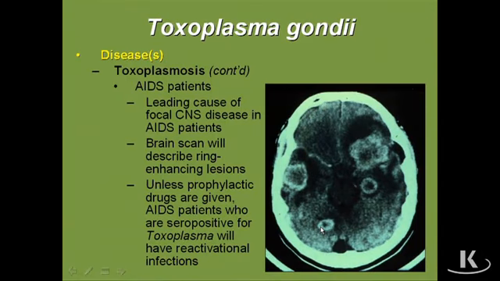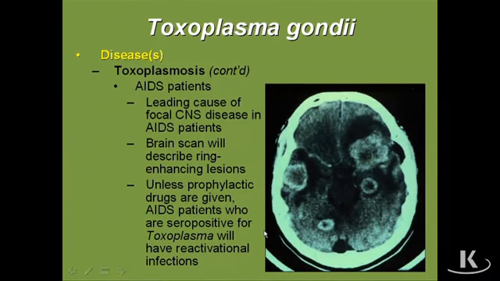So the brain scan, if they show you the image, you'll have to be able to identify the ring-enhancing lesions. Or if they mention the ring-enhancing lesions, you want to be able to associate that with toxoplasma. All right? So leading cause of focal CNS disease in AIDS patients usually causes an encephalitis, and we're going to go with the ring-enhancing lesions.